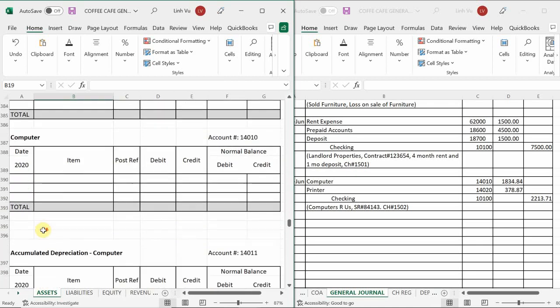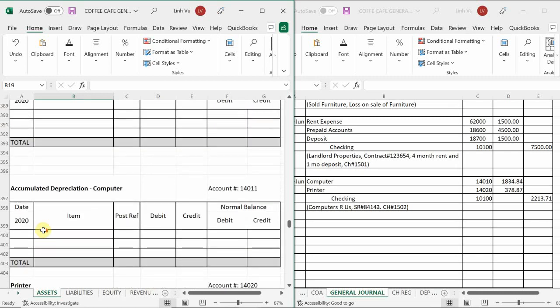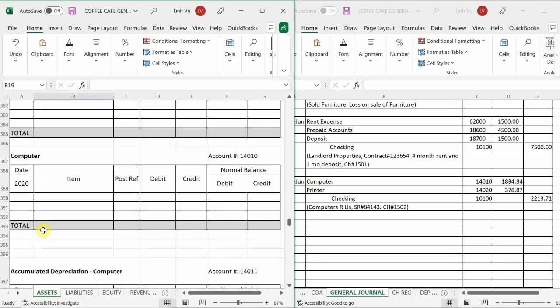Okay, here's my computer. Today is the 5th. What kind of information do you want to have displayed here? Well, you can say, how much did the computer cost you? You purchased it for $16.95.